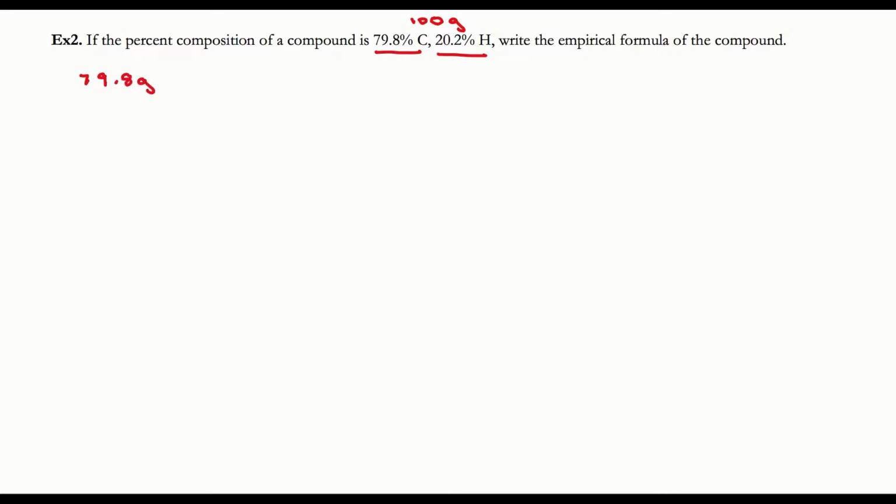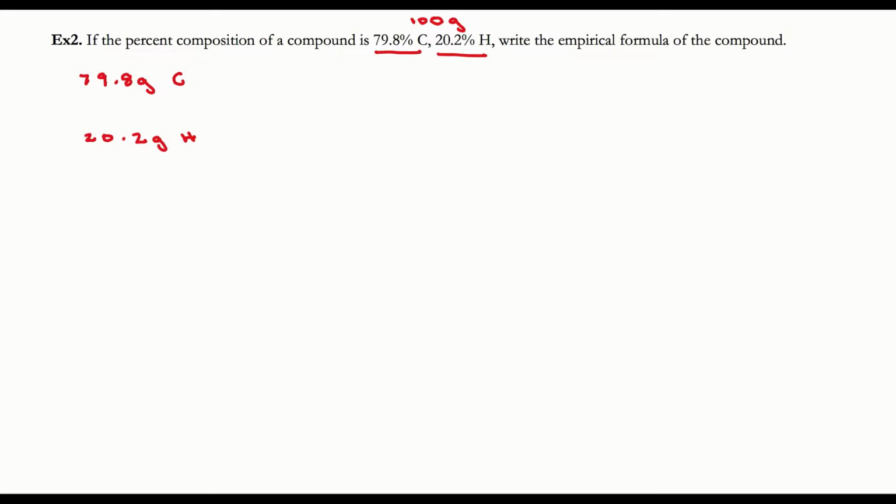And 20.2% of the 100 grams would give me 20.2 grams. Okay? So when you're given percents, you can just assume that your total sample size is 100 grams and just convert those percents, just change them into grams.